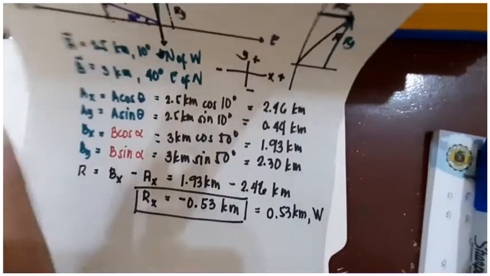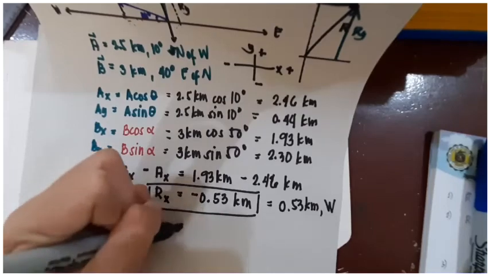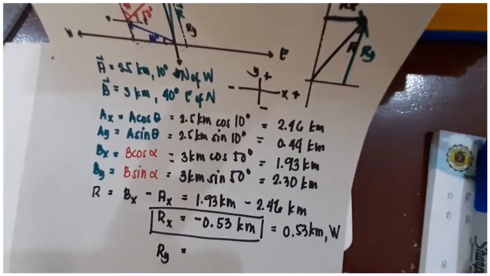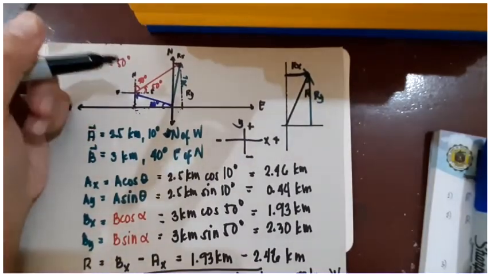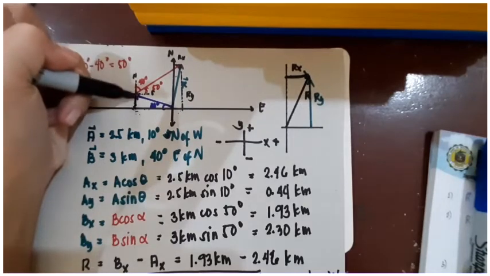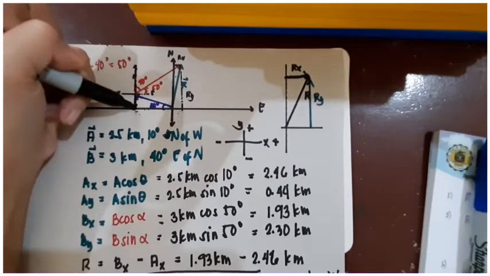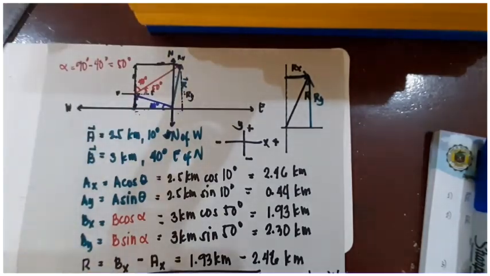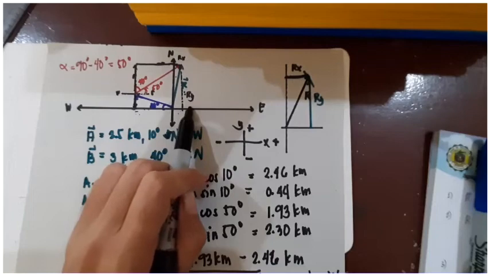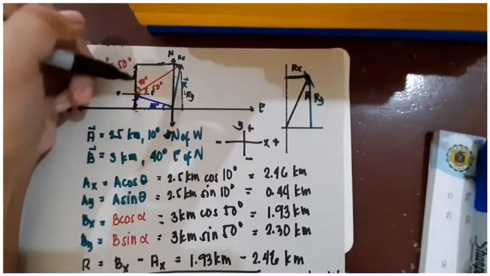Okay, now what about for your Ry? Okay, for Ry naman, we just add the y components of the two vectors. Okay, kasi ito yung y component ni vector A, and then this is the y component of your vector B. Okay, so this is equivalent, equal lang yan siya dito sa y component ni Ry. Okay, so you just add the two vectors y components.